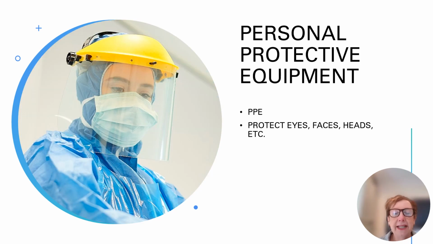OSHA has many standards for personal protective equipment, or PPE. The standards are there to protect workers' eyes, faces, heads, extremities, respiratory systems, and bodies.